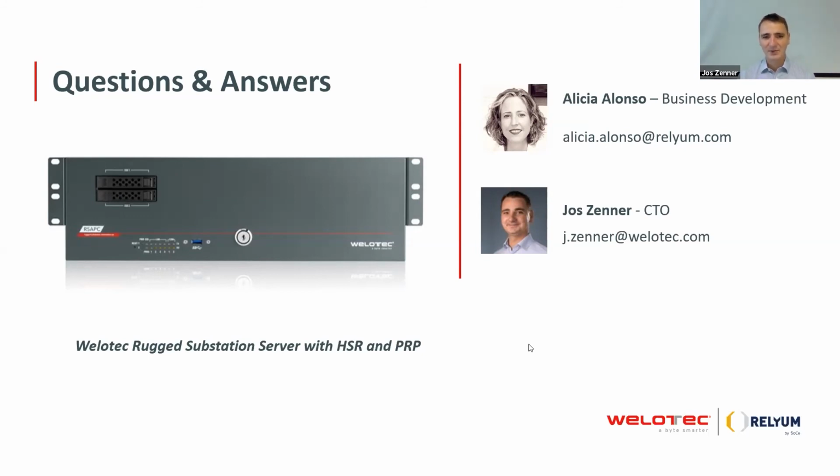Okay, the next one. Why using HSR or PRP when we already have existing redundancy protocols there? Oh, I will answer it. Yes, the main benefit of HSR and PRP, and the reason why they are being adopted in the electric sector, is that they are known as zero packet loss or zero recovery time.